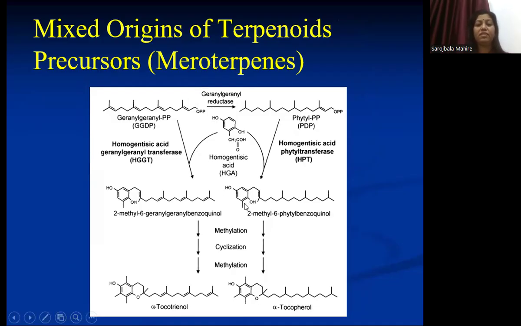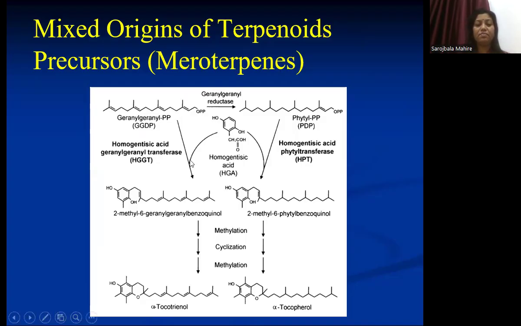So here, this is geranylgeranyl pyrophosphate, GGPP. By the process of geranylgeranyl reductase, this can form phytyl pyrophosphate. From this, by the homogentisic acid phytyl transferase enzyme, that gives 2-methyl-6-phytyl benzoquinol.